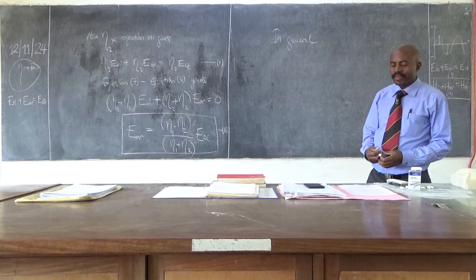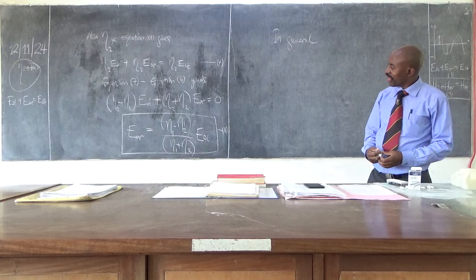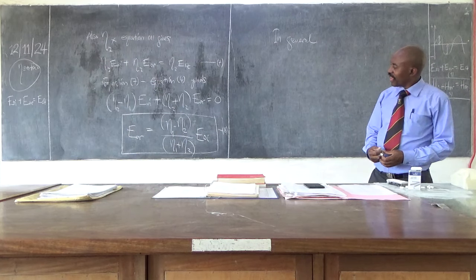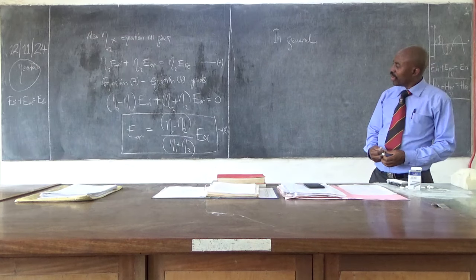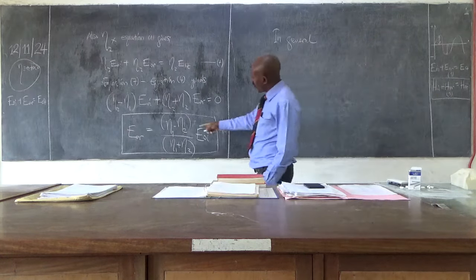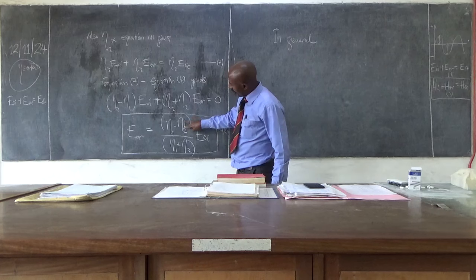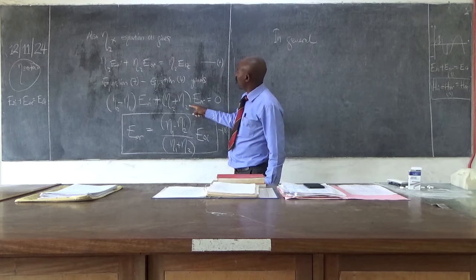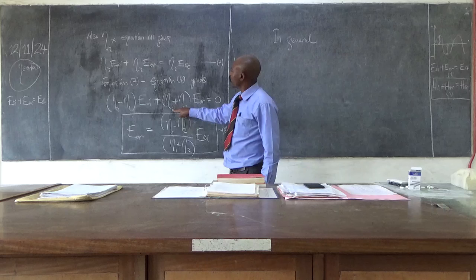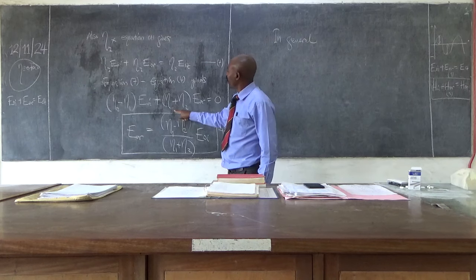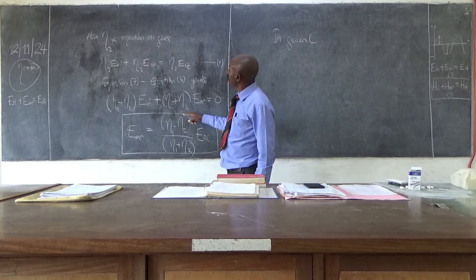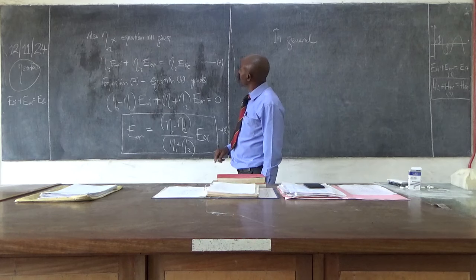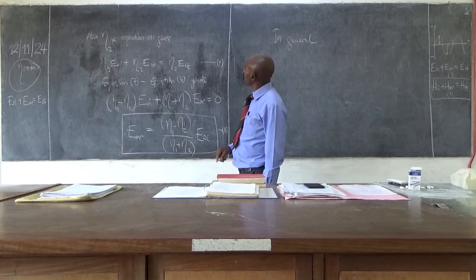Is it eta 2 plus what? That symbol, this one here? Yes. No, the upper one. We are subtracting 7 and 4.